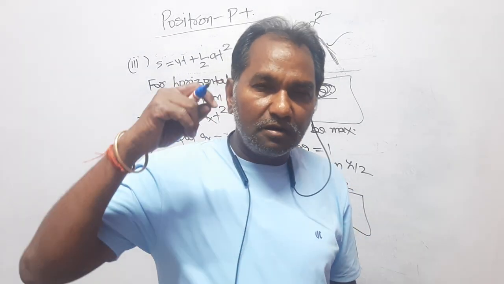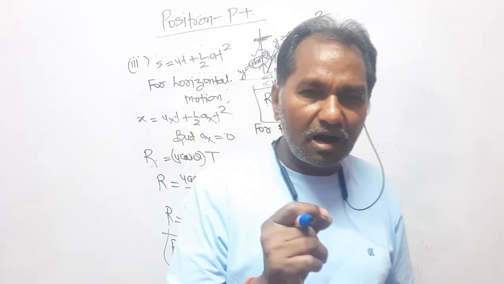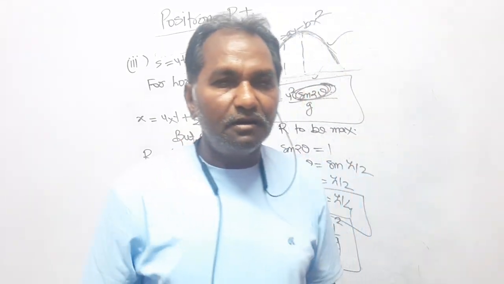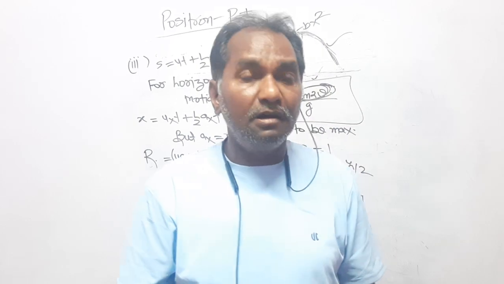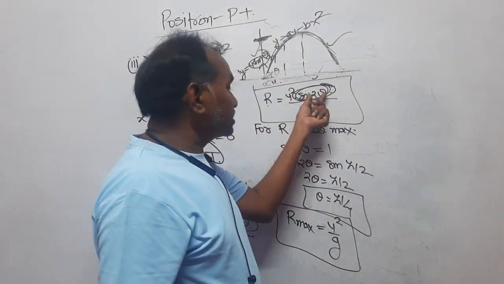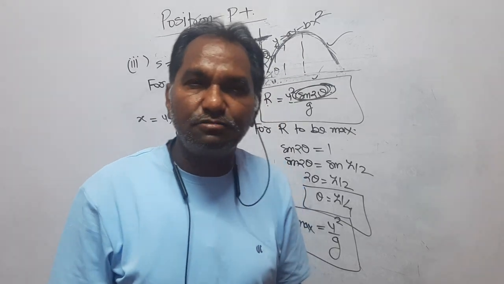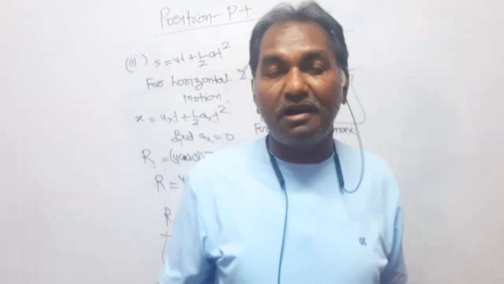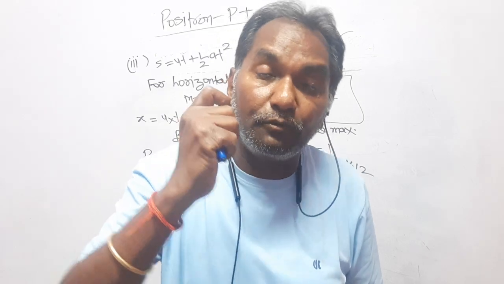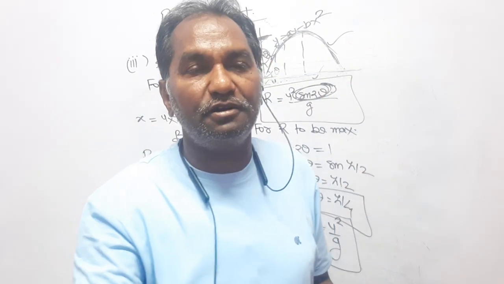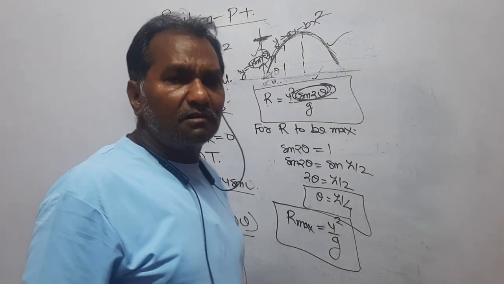So for the maximum horizontal range, whether hammer, shot put, or javelin, not only should theta be 45, but the velocity of projection should also be maximum. This is the mystery behind the maximum range.